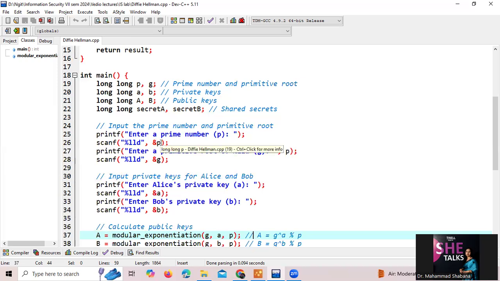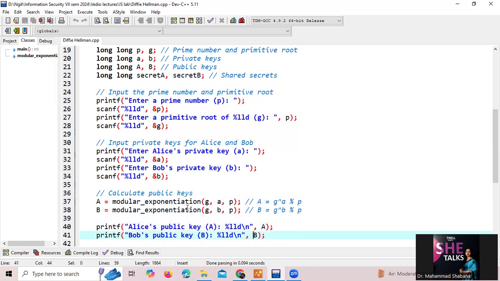G is a primitive root modulo P, which is also used to generate keys. These are the public parameters shared between both parties. This is Alice's private key a and this is Bob's private key b. These values are kept secret and are not shared.